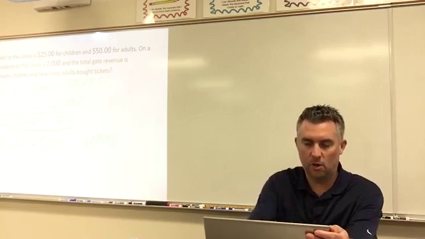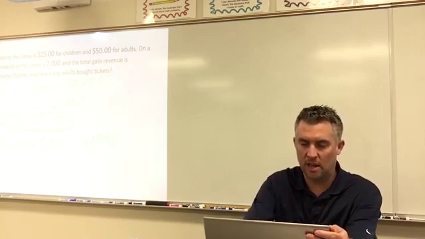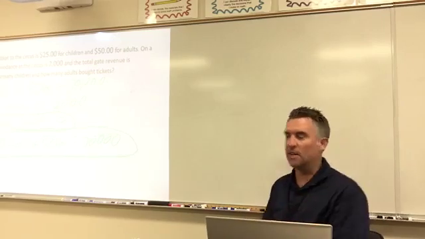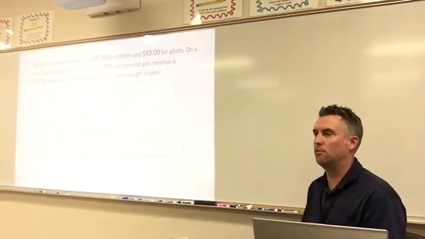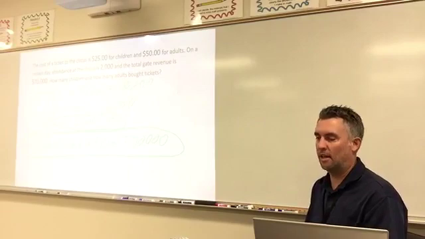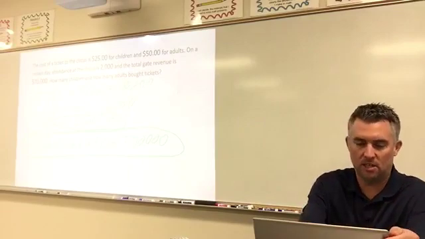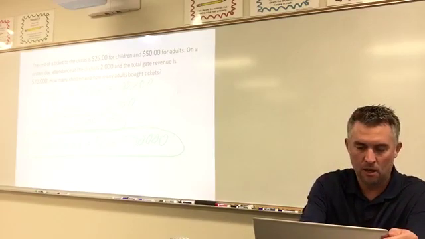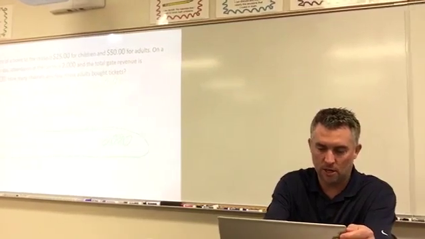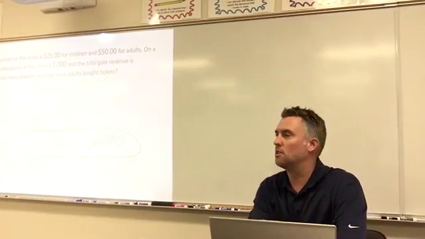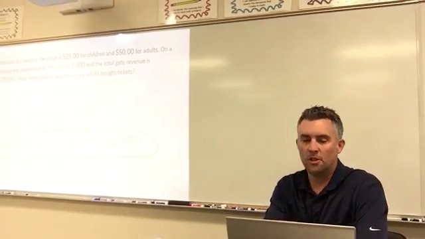And now I have an equation that only has A in it. I just got to do a little bit of distribution, a little bit of gathering like terms. When I solve this for A, I should have gotten 800 adults. 800 adults attended the circus.